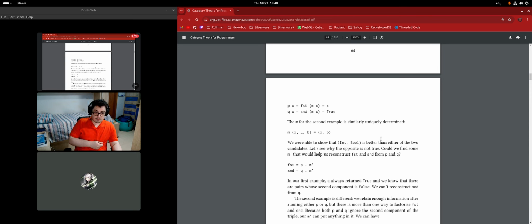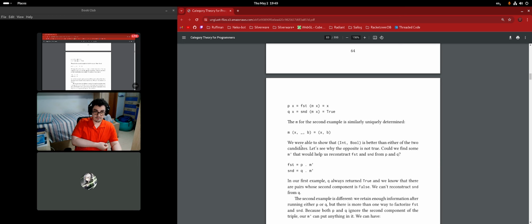We were able to show. No, but it's saying the opposite. You see, it's saying that the int bool is better than the other two. The M for the second example was similarly uniquely determined. This is for the triplet, right? We were able to show that int bool is better than either of the two candidates.